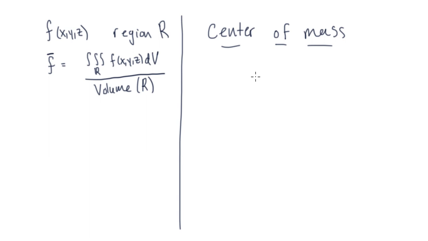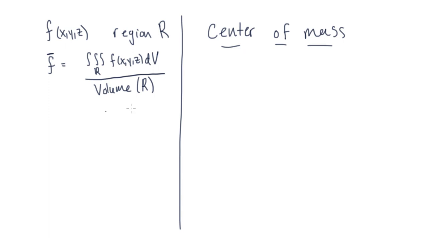It's a little bit easier for area regions to kind of give a heuristic for the center of mass. And so if I have some sort of area plate, the center of mass is where I can actually set it on the end of a pin and it will balance. So it really is just kind of an averaging of where all the mass is in a volume or an area. Okay, so how do we find where it is?